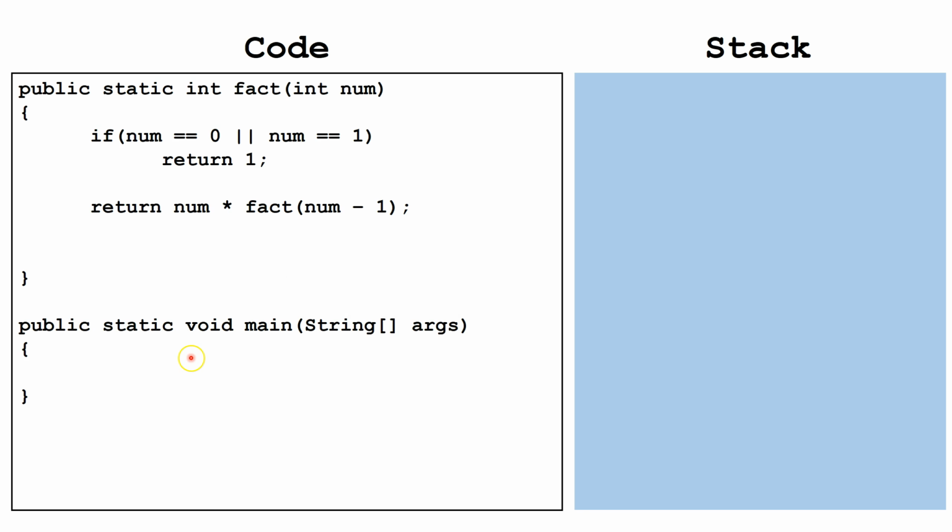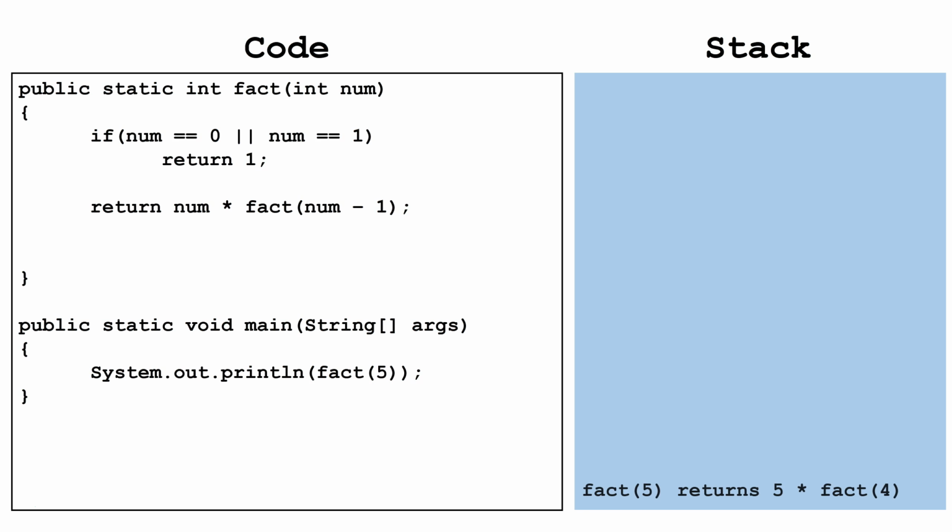Here we've created our main method so we can call our recursive method fact. In this case, we're going to System.out.println whatever is returned by fact when we pass it the argument 5. So on the stack, we place fact 5, which is our first call, and we say that's going to return 5 times fact of 5 minus 1, which is 4. Next, fact 4 will return 4 times fact of num minus 1, which is 3.